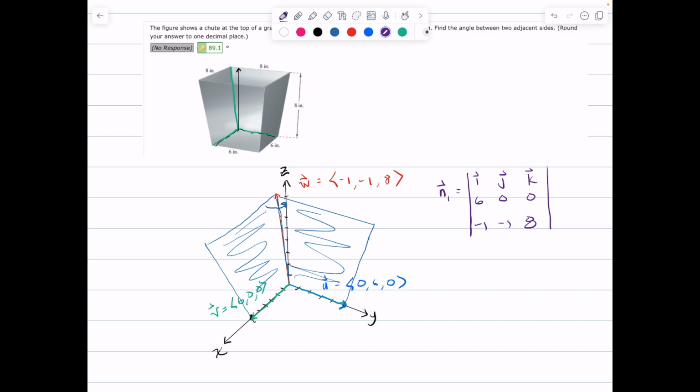If we expand about this one, we'll have a minus, a plus, and a minus.